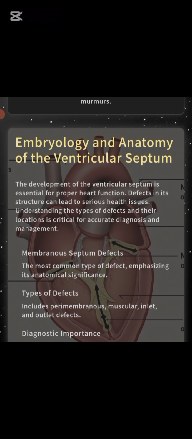Embryology and anatomy of the ventricular septum. The development of the ventricular septum is essential for proper heart function. Defects in its structure can lead to serious health issues. Understanding the types of defects and their location is critical for accurate diagnosis and management.